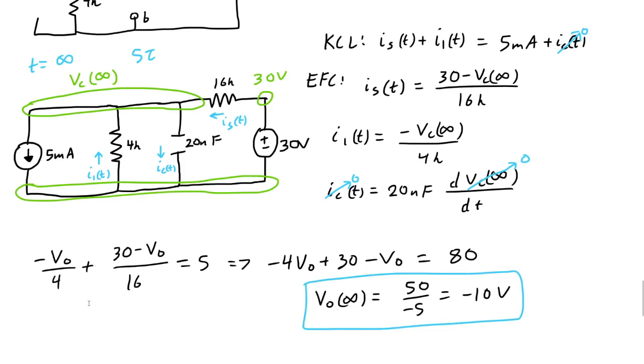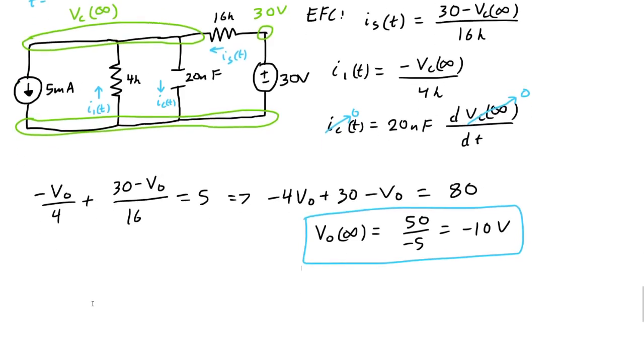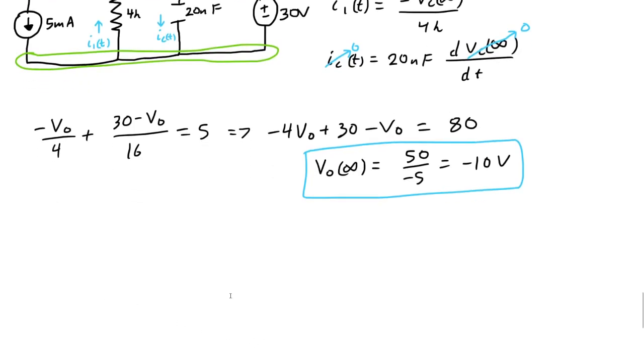Now we already calculated REQ, VO initial at 10 microseconds, and VO infinity. So we're going to use that to find our final expression for the voltage. VOT is going to be VO infinity, and then let's see, it's not 2, minus 2.35 minus 10 equals 7.65.